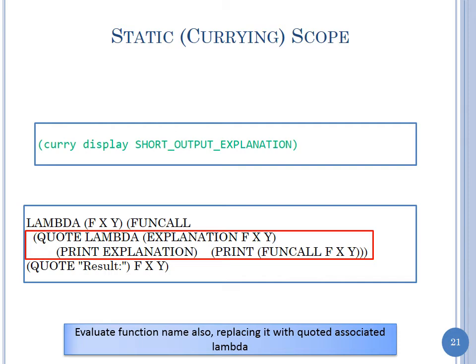I'm now doing FUNCALL of not the name but the lambda. We know we can do FUNCALLs on lambdas directly. So I evaluated f, I put the lambda in, and I don't have to quote that. When the first argument of FUNCALL is a lambda, your evaluator will just handle that directly.